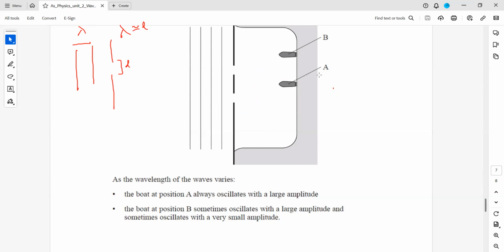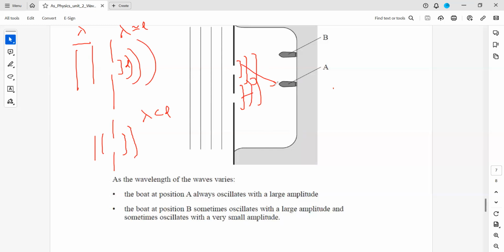But if the gap is larger and the wavelength is shorter, as a result we'll have minimum diffraction. So for A, there will always be a constructive interference, even with a small diffraction or a large diffraction, because the path difference between the two waves will always be 0.